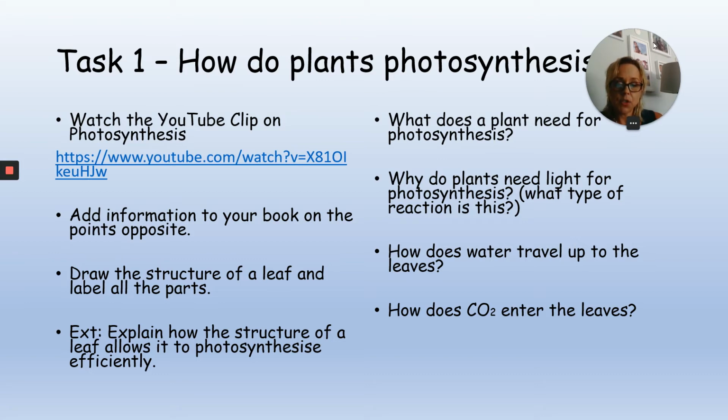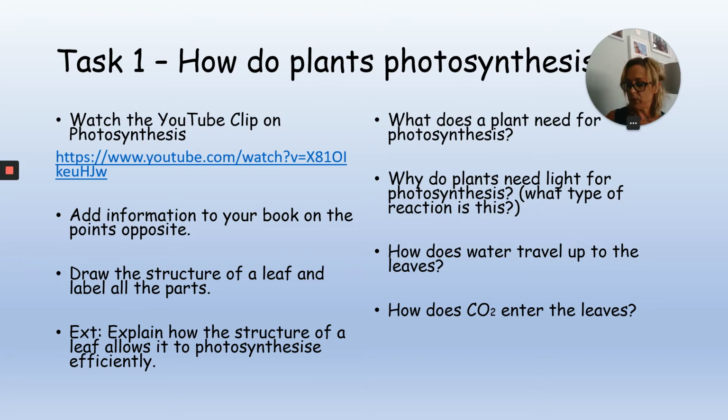The extension for this first task is to explain how the structure of the leaf allows the plant to photosynthesize really efficiently. If you do that, what you're doing is linking structure with function, which is a high-level skill at GCSE, and these are the sorts of things that get you the top marks in the tougher questions.